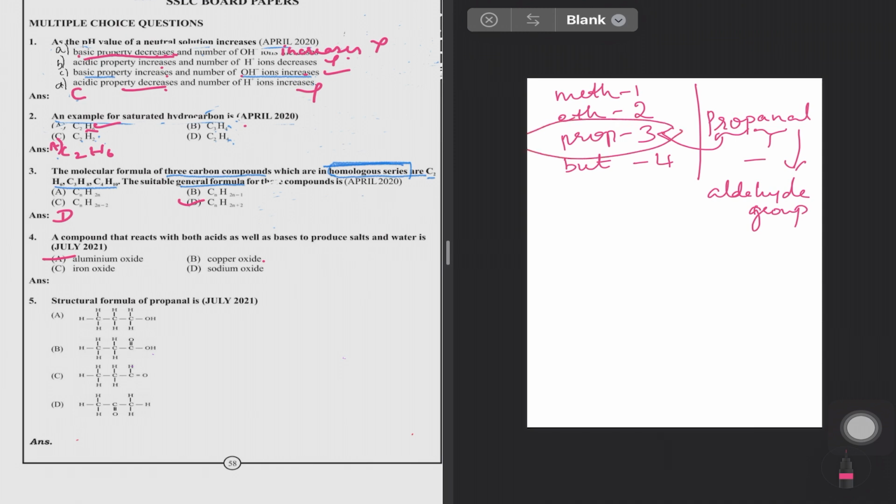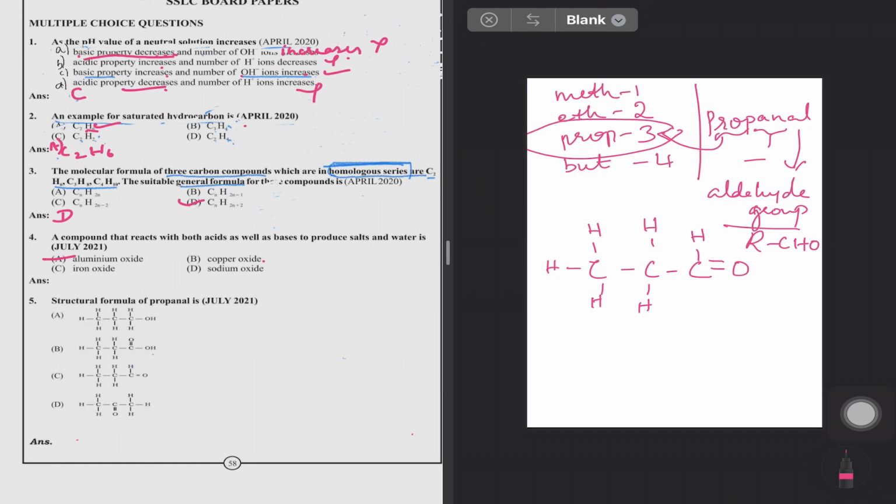So, for a compound with 3 carbon atoms and an aldehyde group, the general formula is RCHO. So, we will be having 3 carbon atoms, CHO. Now, balancing the valency of carbon, that is 4 bonds, and again 4 bonds here, and 4 bonds again for the last carbon atom.